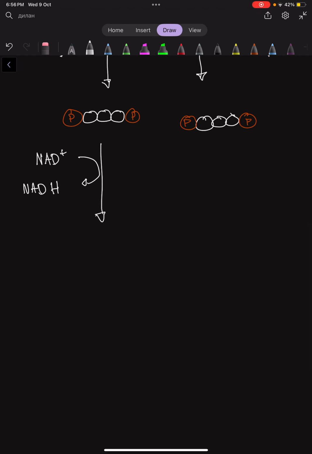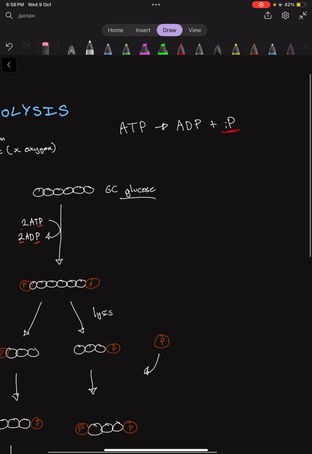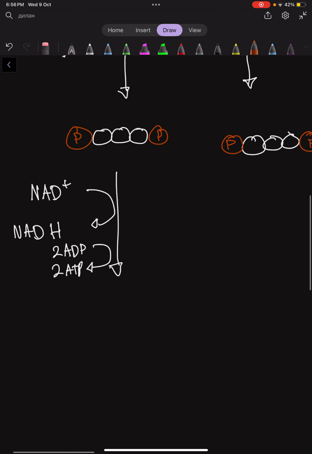And then also, we can think back to that logic from before about the ATP. 2 ADP become 2 ATP, which means we had 2 of these, and then it became 2 of these, so we must have added 2 of these phosphates. And where did these phosphates come from? Well, they're sitting on the ends right here.